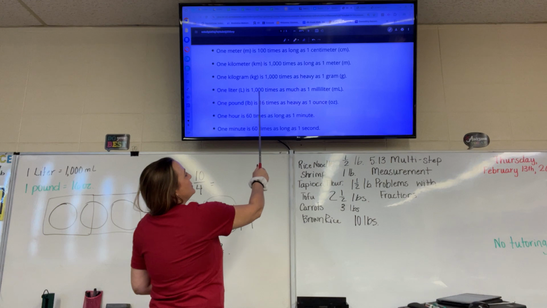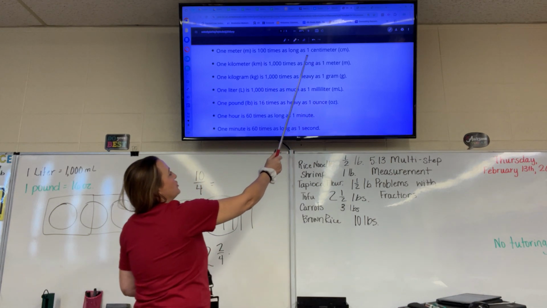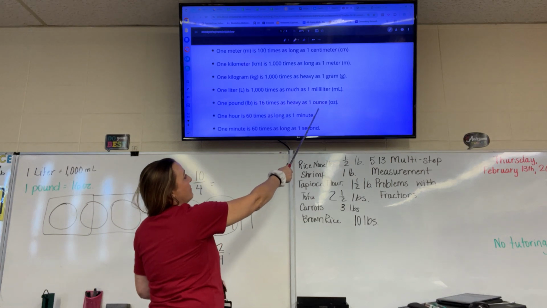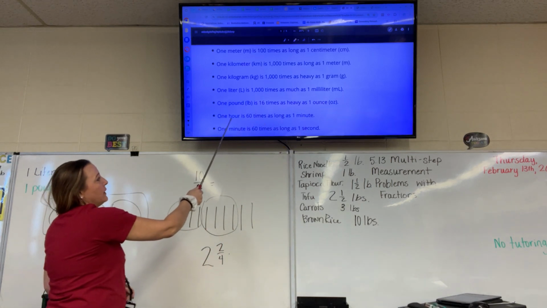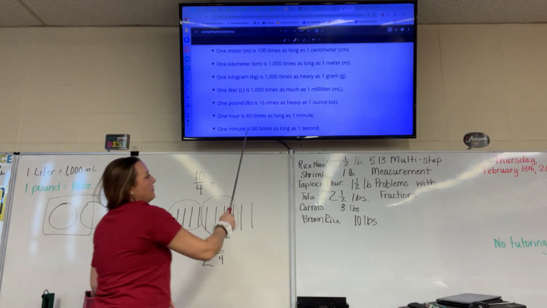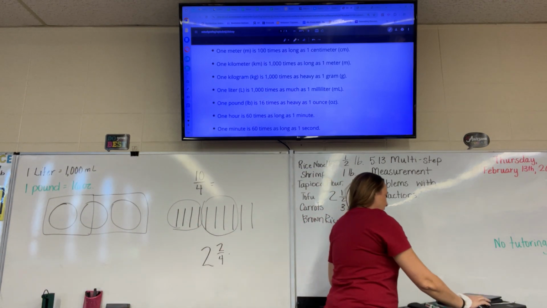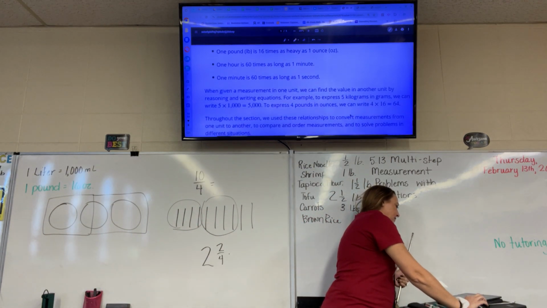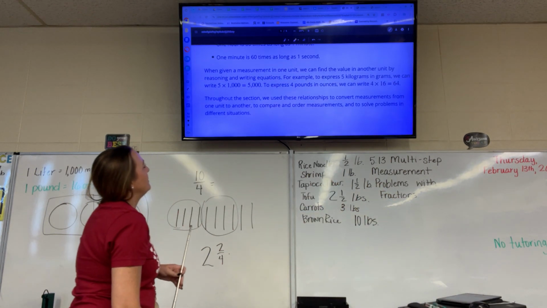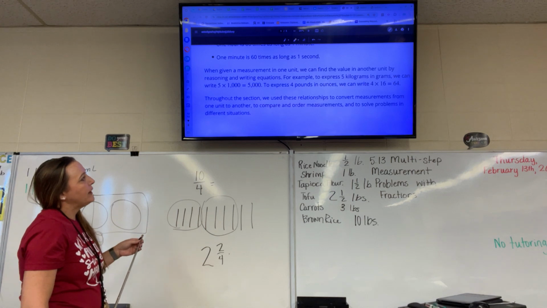1 liter is 1,000 times as much as 1 milliliter. 1 pound is 16 times as heavy as 1 ounce. 1 hour is 60 times as long as 1 minute. And 1 minute is 60 times as long as 1 second. When given a measurement in 1 unit, we can find the value in another unit by reasoning and writing equations.